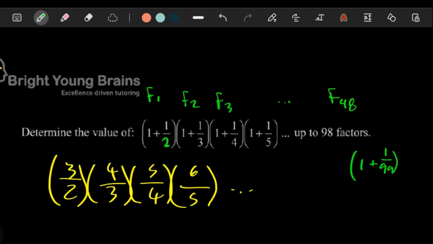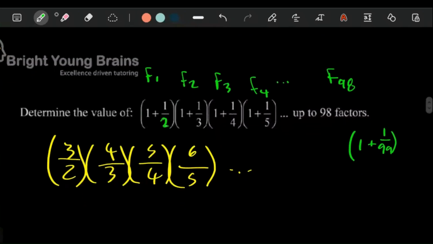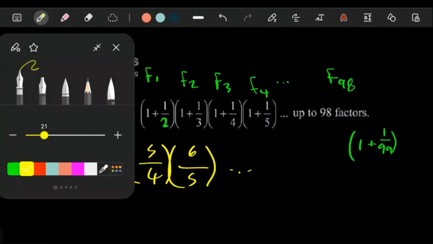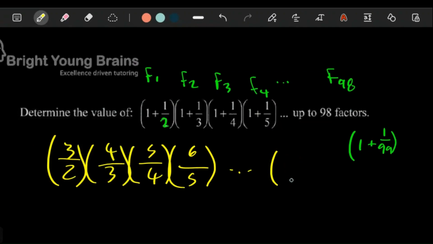This is what the last bracket would look like. Meaning you would be multiplying until 1 plus 1 over 99, which would be 100 over 99.